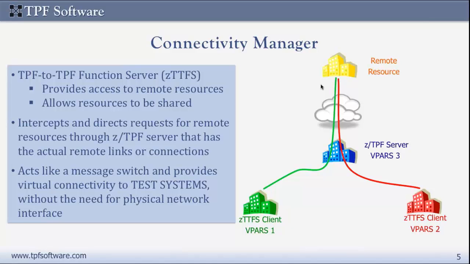This Connectivity Manager is basically more like a message switch. The customer can use configuration files to configure what kind of messages he wants to route from the client system to the server system.